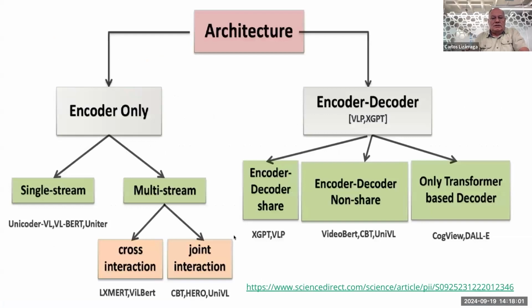And in this process, you can have an encoder. The encoder can handle a single stream or multi-stream, and then you can do a cross interaction between the different tasks. And also you can do a joint interaction, or you can have encoder-decoder, like these models over here that can do different tasks. So it's not a simple model.